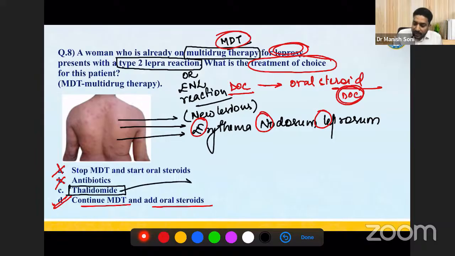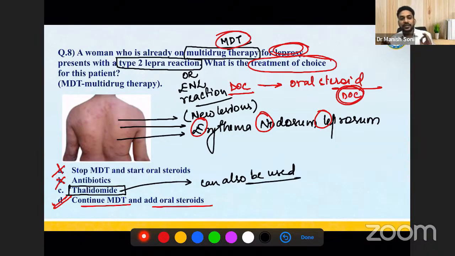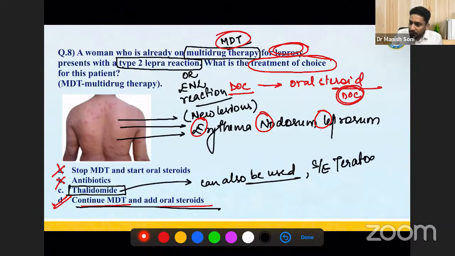So thalidomide can also be used. Okay, but this is not the drug of choice. So remember, the first choice answer will be D, that is continue MDT and add oral steroids. But if steroid is not there in the option, then you can choose thalidomide. But thalidomide is not the drug of choice because there is one side effect of thalidomide. It is teratogenic. So it is a teratogenic drug.